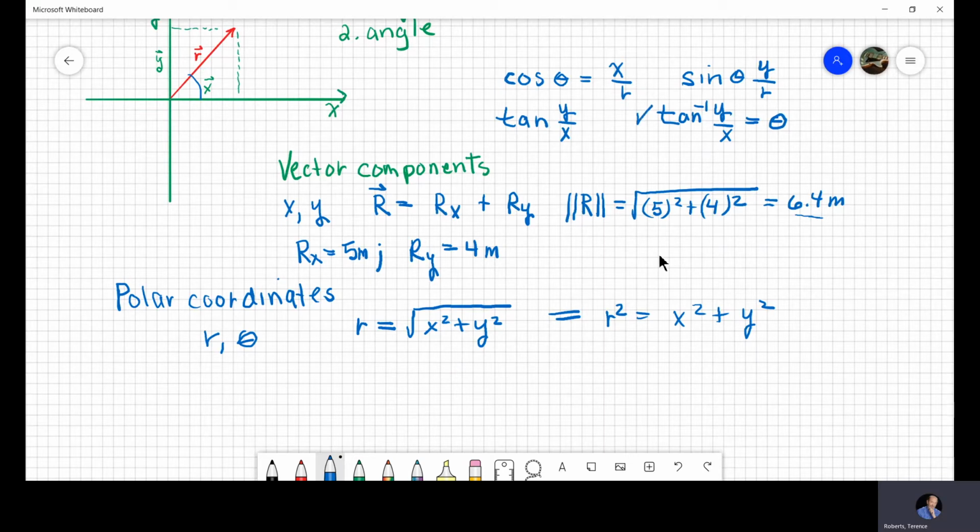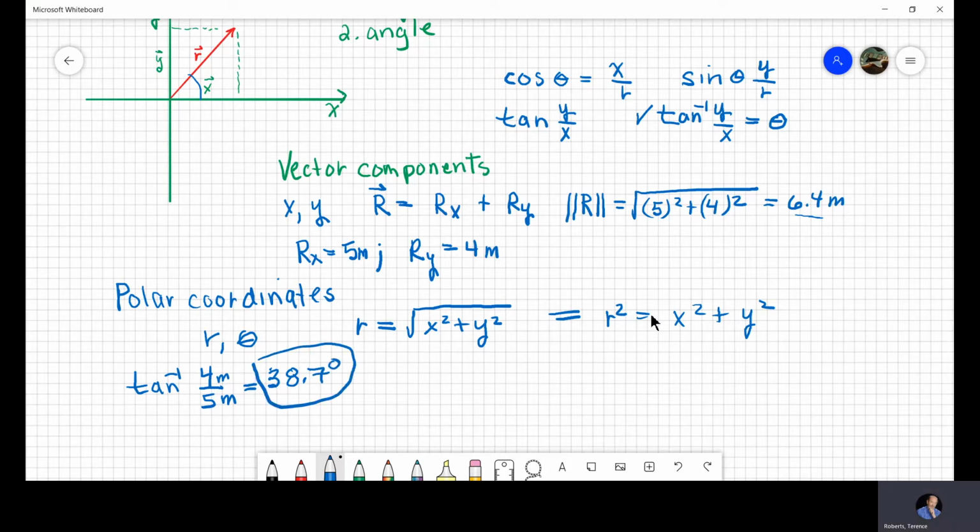We're going to use this right here to find our angle. Okay, so let's do that. The inverse tangent of 4 divided by 5, and these are both meters, turns out to be 38.7 degrees.